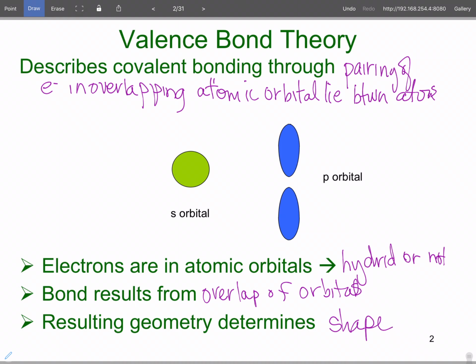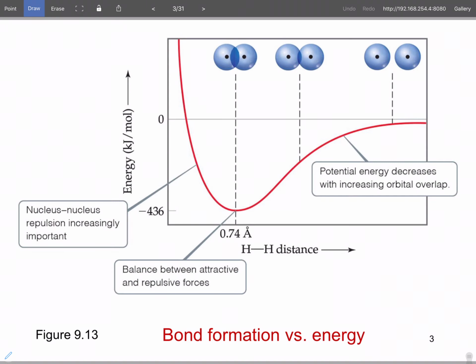So when we look at these orbitals, we've got to look at how they overlap. Well, if you look at an energy diagram, we've got the energy coming in the distance here. Basically, when you start with the two atoms held far apart, and as you get them closer and closer together, they start overlapping until they reach the minimum energy, which is the bond.